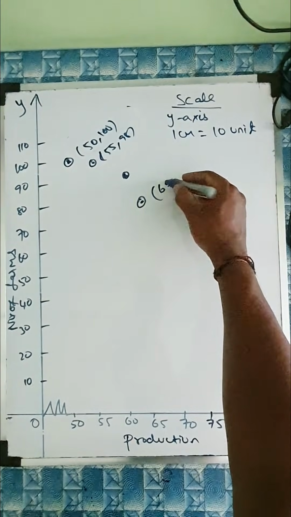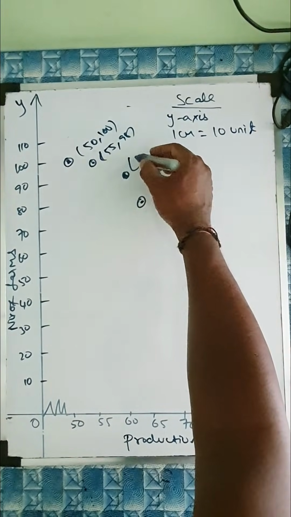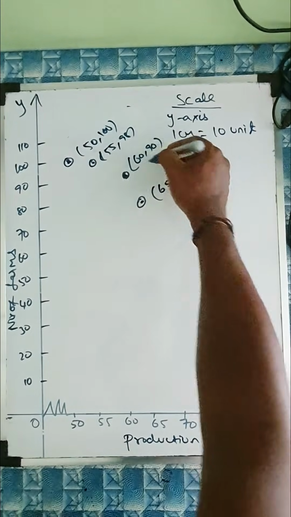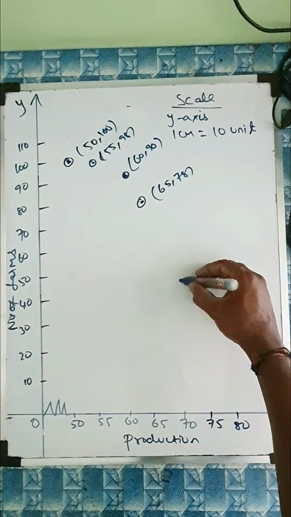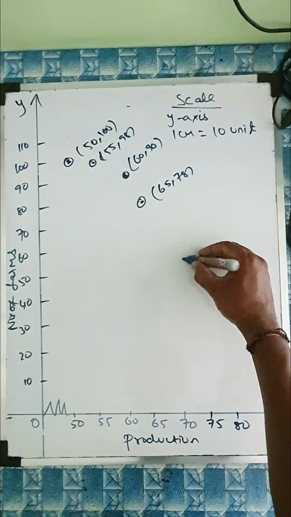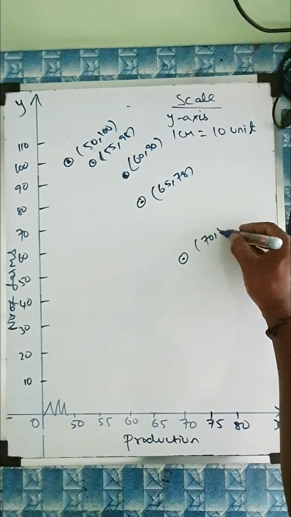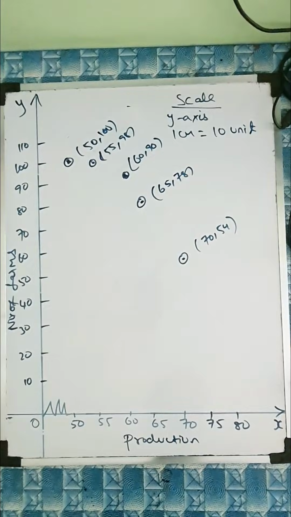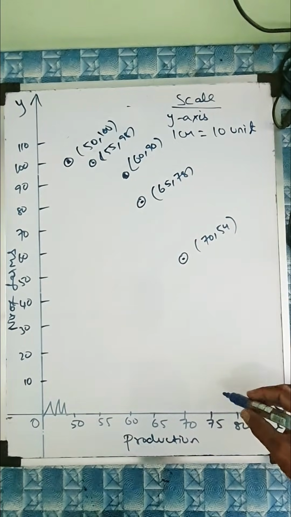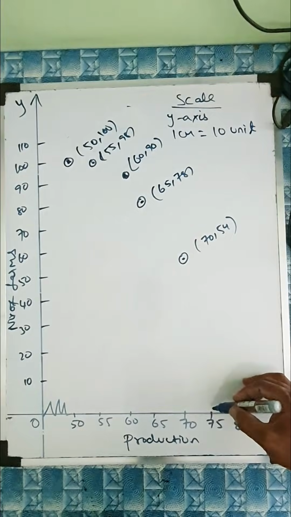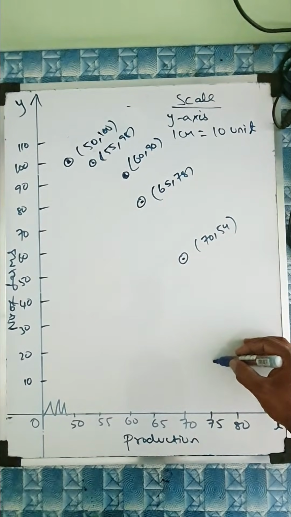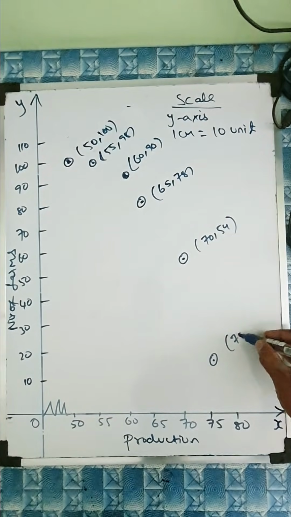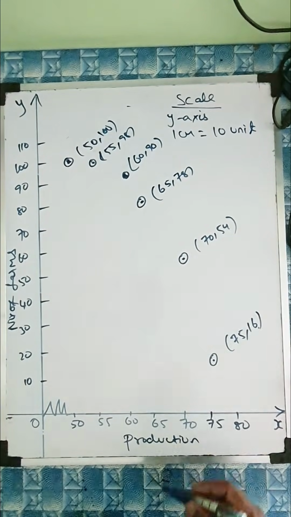So 65, 78. Next one, 70 is 54, that is 50 and 4. And 75 is 16. 10, the middle is 15, and 1 box, so 75 is 16.